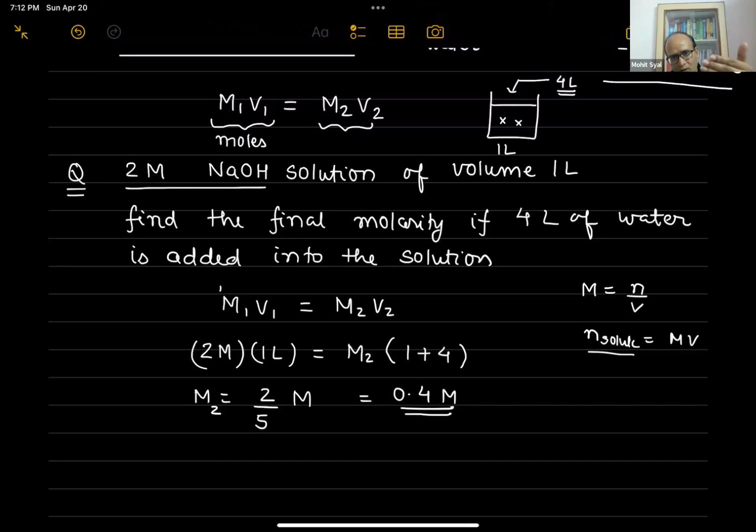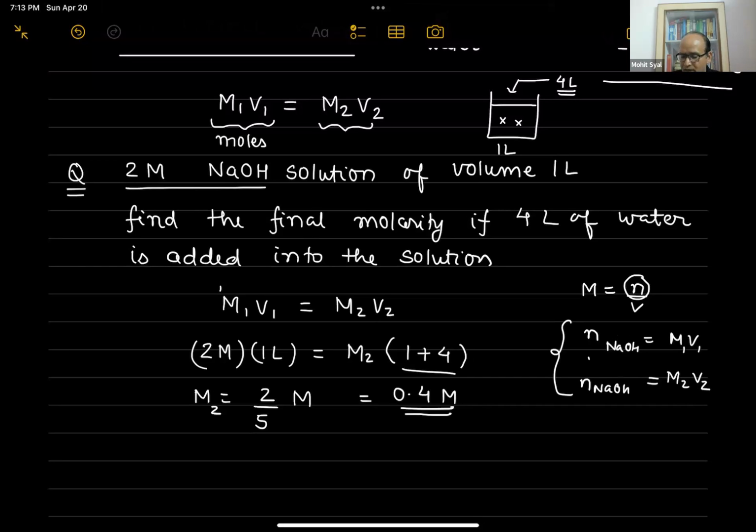And after addition of water, only the volume changed. So number of moles was same. After addition of water, the new moles you can find out by M2V2. They should be same as that of M1V1. Number of moles of NaOH in the final solution equals number of moles of NaOH in the initial solution, and number of moles of NaOH you can find out by multiplying molarity with the volume. Is it clear or not?